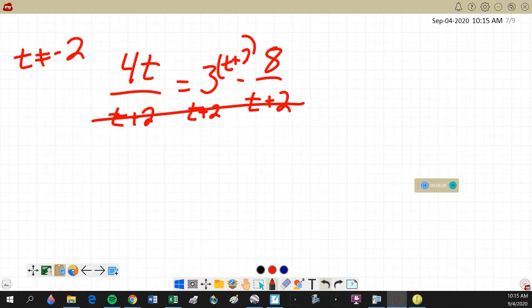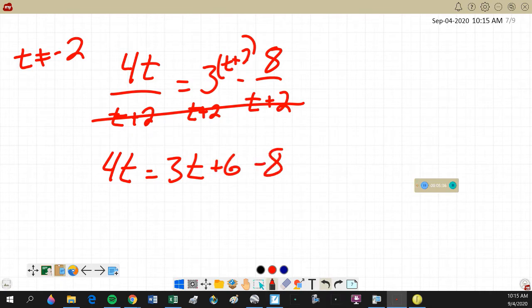That may or may not come into play. Solving that, we get 4t equals 3t plus 6 minus 8. Subtract 3t. And I get t equals, oh, what do you know? Negative 2. So here's another one that has no solution. We good with that?